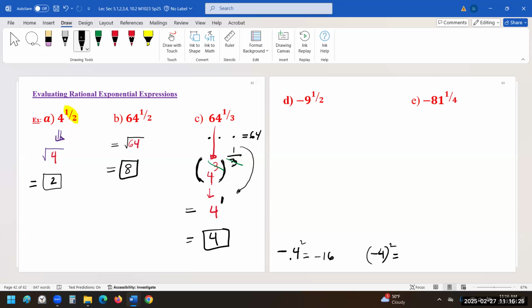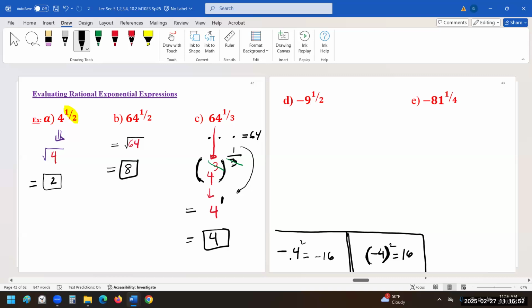On the other hand, they're telling us, hey, you have a parenthesis. That means whatever inside the parenthesis, you're multiplying the same thing twice. So we have negative 4 times negative 4, that turns into positive 16. And remember, I'm going to give this example in the exam. One with the negative in the front and one with the negative inside the parenthesis.